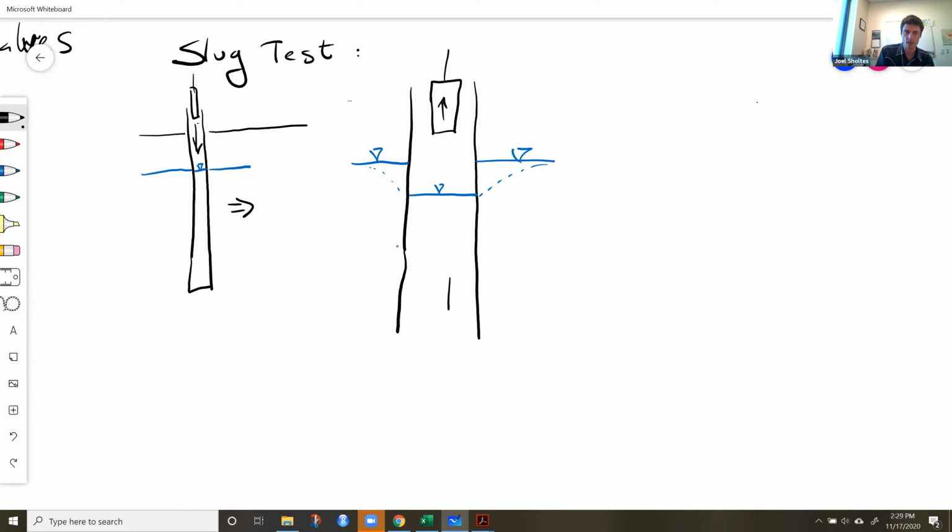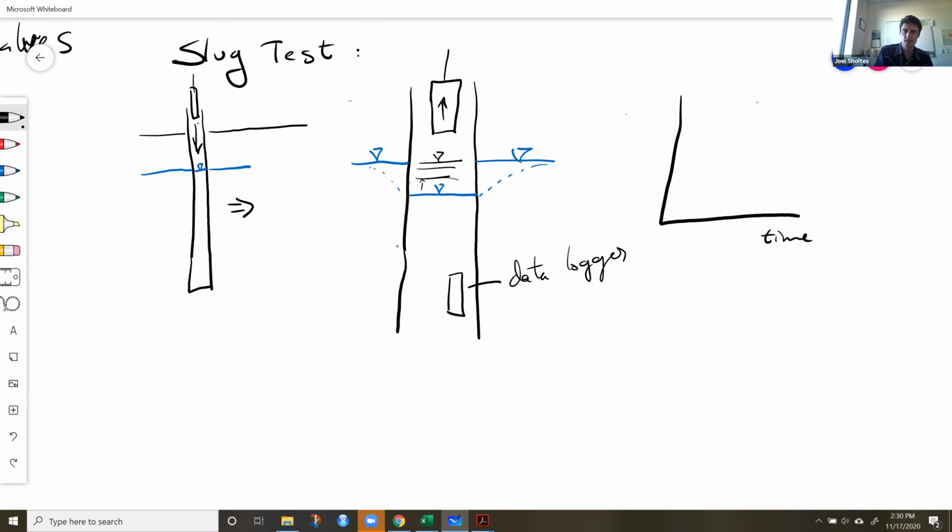And then in that well, you have a data logger that monitors how this water level slowly adjusts and comes back up over time and renormalizes. And so it's going to be similar data as before, where you have time and then we'll just say level.